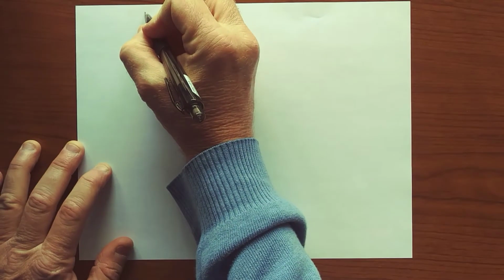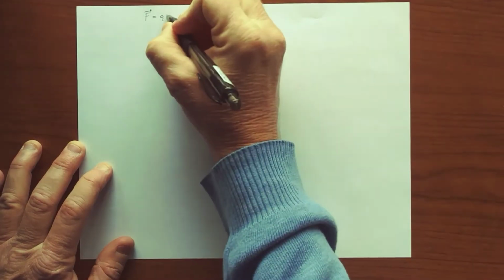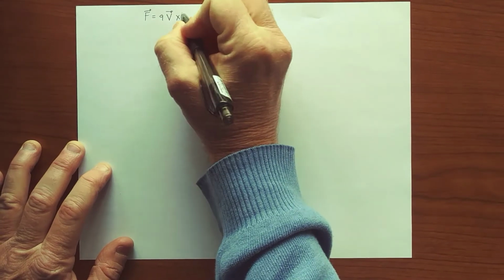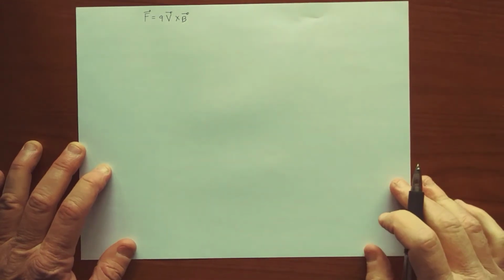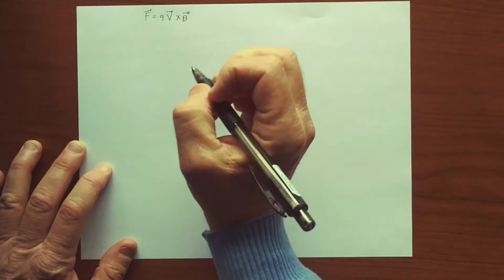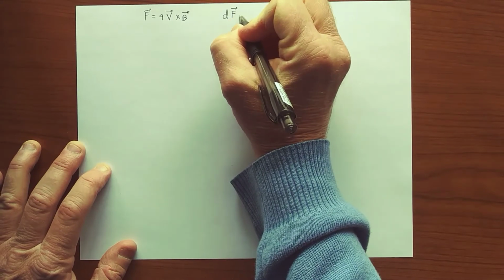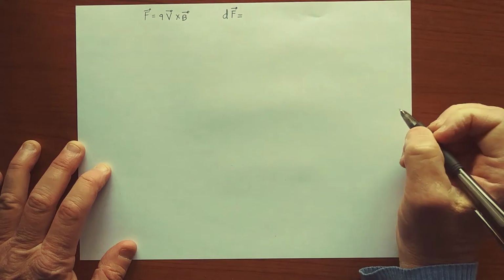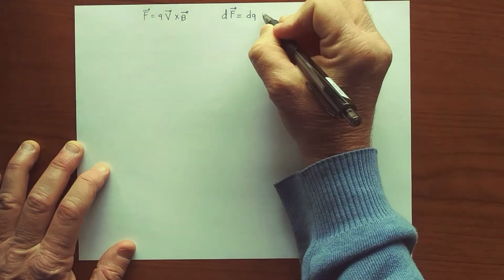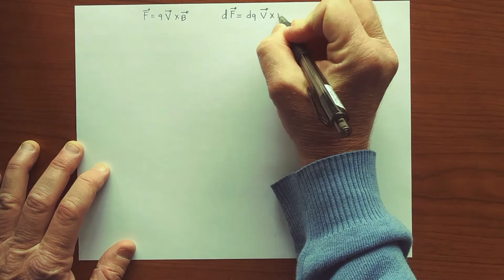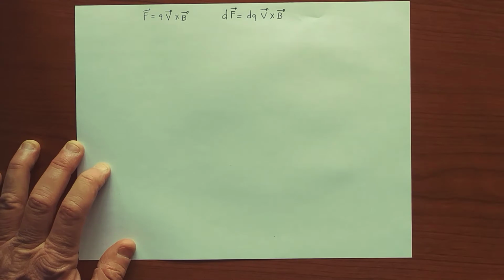We know that a charged particle in a magnetic field experiences a force that looks like that, but a collection of charged particles is a current, and so we can turn this kind of expression into an expression for currents by considering little bits of charged particles that experience a force that looks like this.